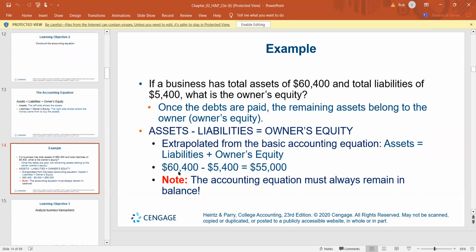And there is a look at the accounting equation with some numbers in it. $60,400 of assets equals $5,400 of liabilities plus $55,000 in equity, or 60,400 minus 5,400 leaves you with the net worth of the company. And this equation must always remain in balance.